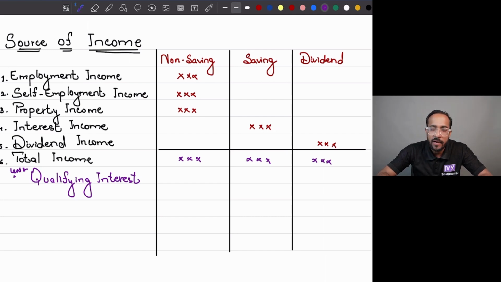It will not leave a single word for the difficult situation, right? Now, what is qualifying interest? There is a subtopic of qualifying interest I'll teach you later on, but for just giving you an idea of what qualifying interest is, I would like to give you an example.